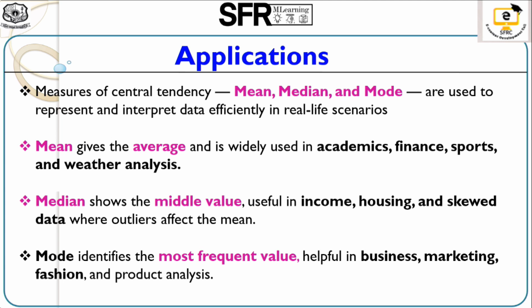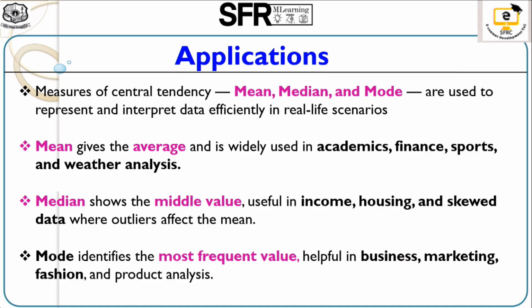Median shows the middle value, useful in income, housing and skewed data where outliers affect the mean. Mode identifies the most frequent value, helpful in business, marketing, fashion and product analysis.